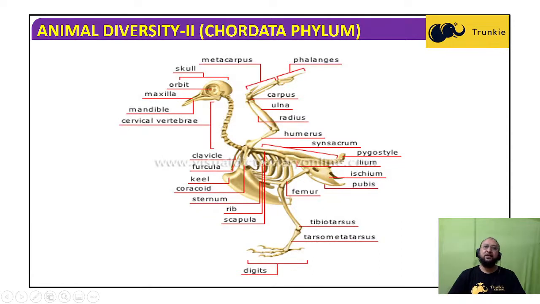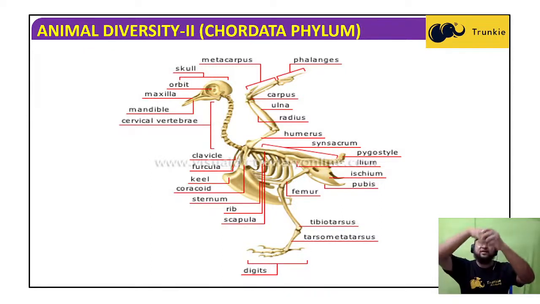Now look at this, you have a big picture here. Metacarpus: like in our body, carpal, metacarpal, phalanges, the fingers have phalanges there also. Orbit for the eye, maxilla in the jaw, mandible the lower jaw, cervical vertebrae in the neck region, clavicle in the chest region. Furcula is another one, a unique feature of birds. Keel, the breast bone; coracoid, another bone in the shoulder region; sternum in the chest, and the ribs; scapula.